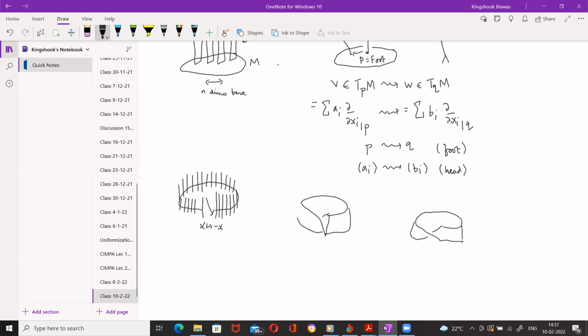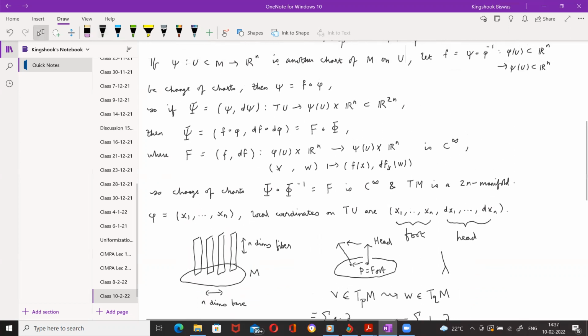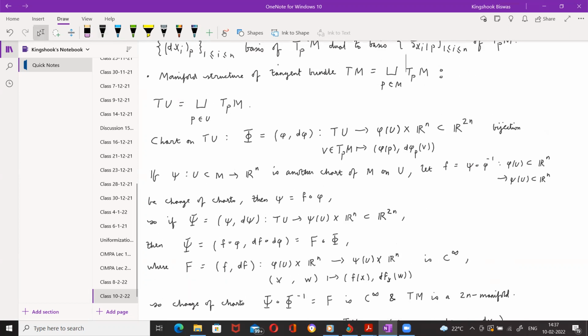And if they belong to the same tangent space, then you just look at this chart, TU. Both belong to the same T_pM, so they get mapped to two different vectors in the same copy of Rn.